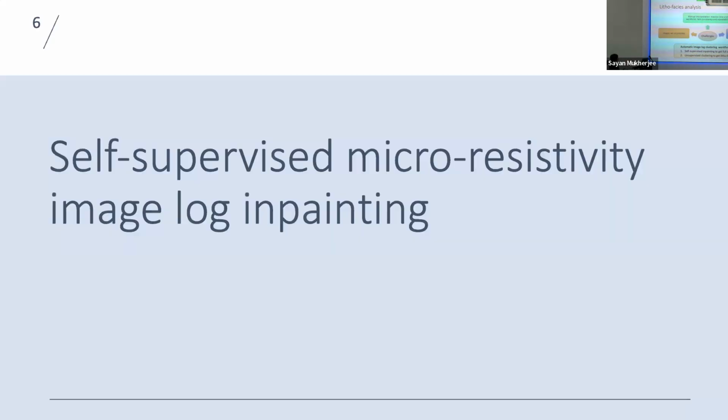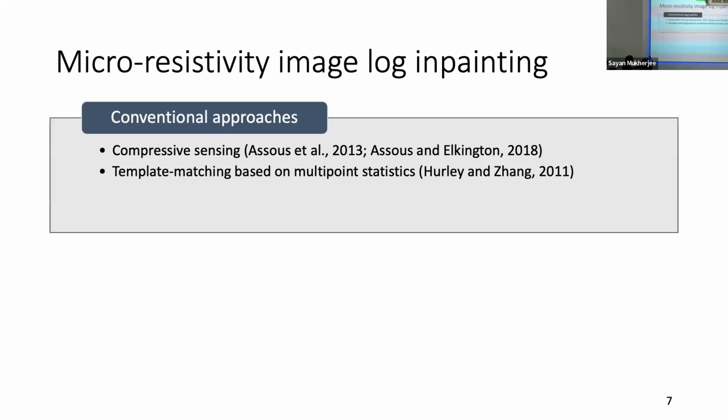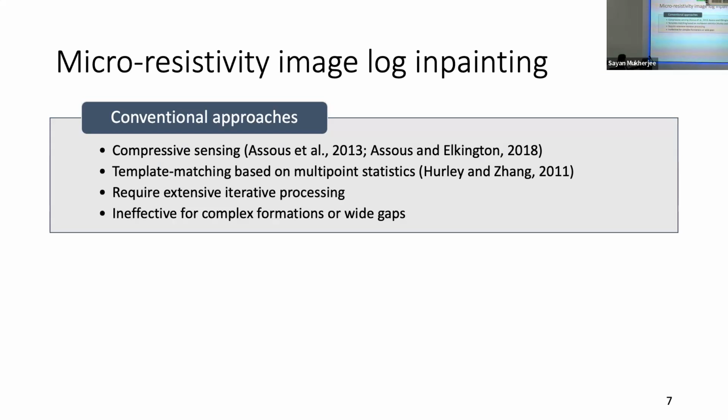So let's move on to the first part, self-supervised micro-resistivity image log inpainting. Here, inpainting means to fill the image gaps with coherent structures and textures. Conventionally, we can use compressive sensing or template matching based on multi-point statistics. But these methods require extensive iterative processing, and they are ineffective for complex formations or for wide gaps.